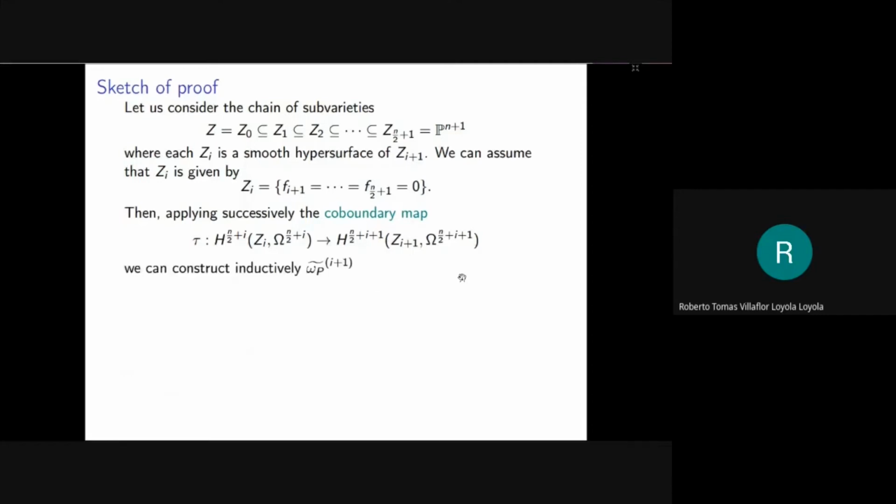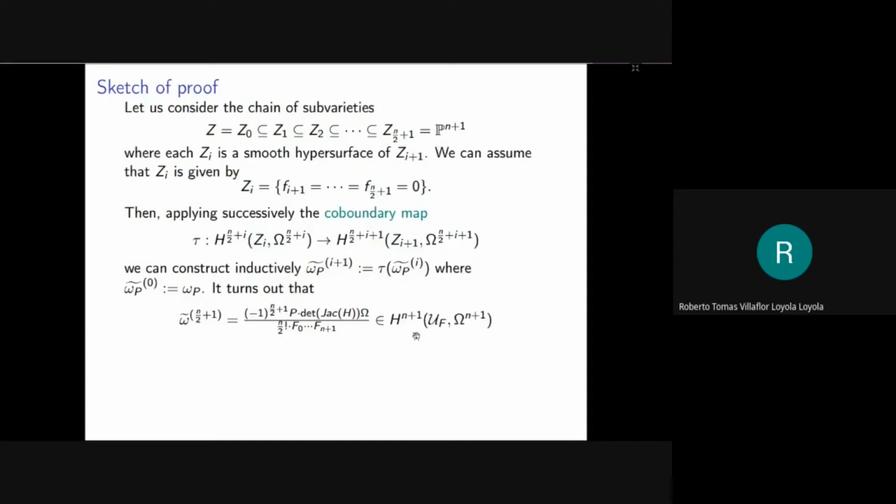So using this map, we will construct inductively the forms omega p tilde power i plus 1, which is just applying tau to the omega p tilde power i, where we start from our omega p, which was the form that we took above C. So after applying this co-boundary map n over 2 plus 1 times, the result is this omega tilde n over 2 plus 1, which can be computed explicitly in Čech homology as this meromorphic form here.